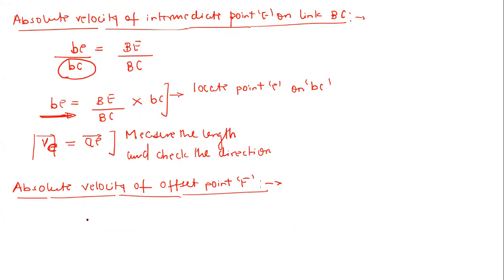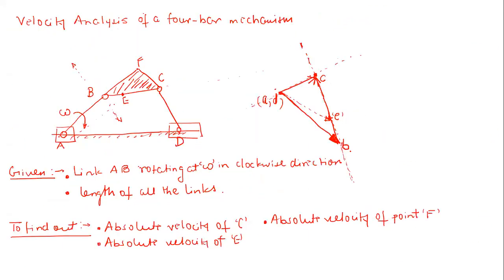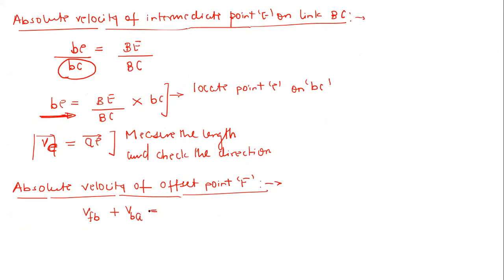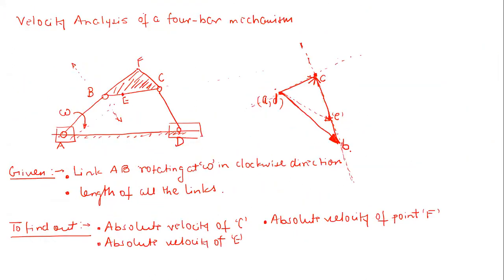Velocity of F with respect to B, plus velocity of B with respect to A, would be equal to simply velocity of F with respect to C, plus velocity of C with respect to D. Can I write this in this way? Is the equation fine? Just think about this. See, both A and D are fixed points.